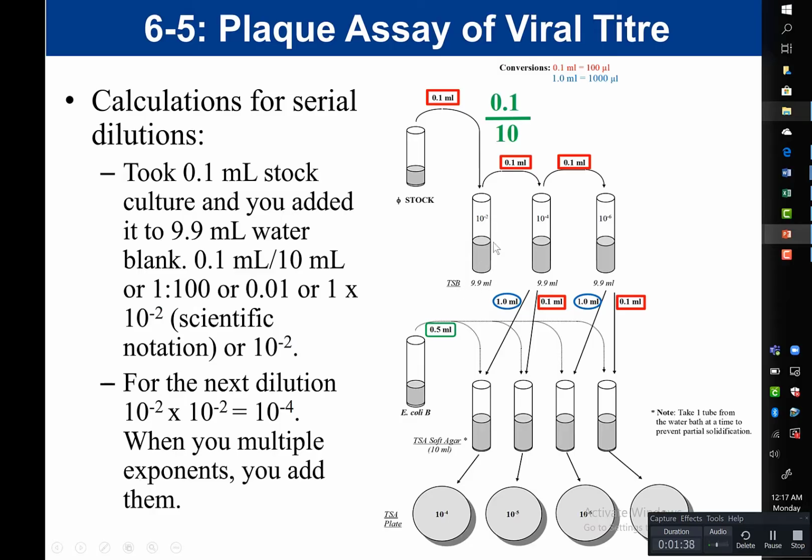This is just a rich media. So in this tube, we have 9.9 milliliters of TSB, and when we add our 0.1 into 9.9, that brings our total volume to 10. So we have 0.1 milliliters into a total volume of 10 milliliters.